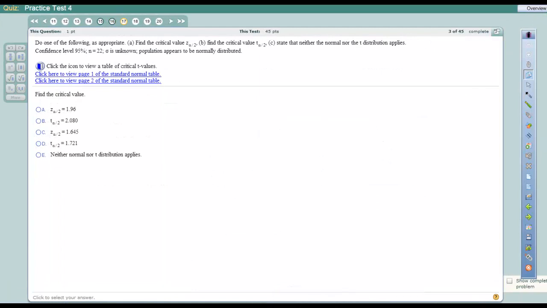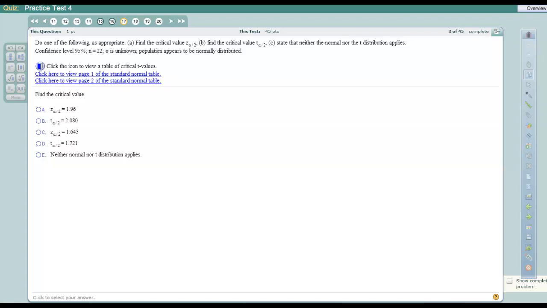Okay, what about this one? Confidence level 95%, n equals 22. Sigma is unknown. Population appears to be normally distributed. T, very good. So we would do a t-test, and then we'd have to either use a table or our calculator to get the actual critical value. We're doing t because sigma's unknown, and even though we have a small sample size, the population is normally distributed.